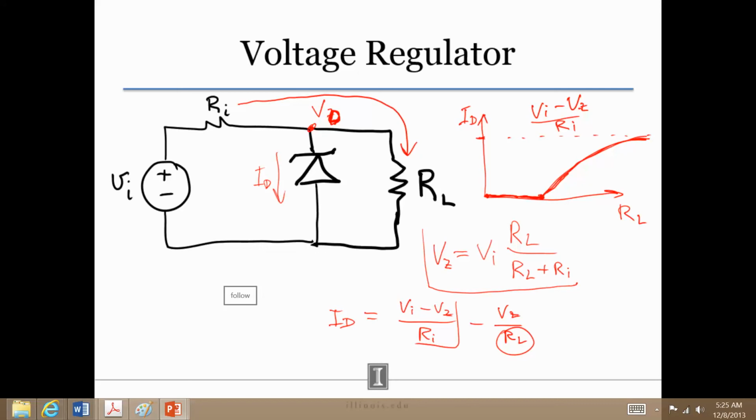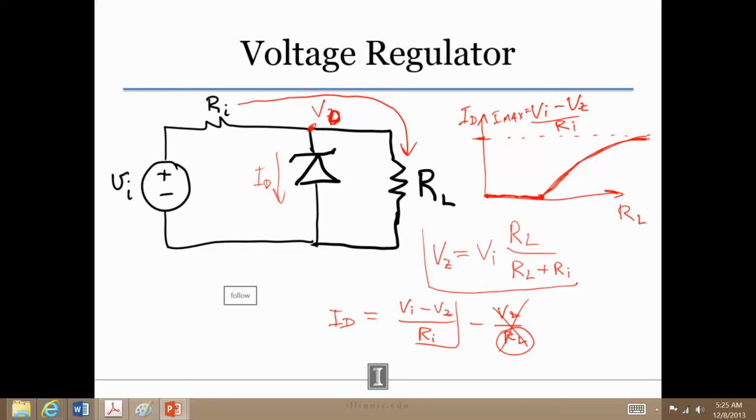Okay? And that's going to be when RL is very, very large. This term will fall away. All right? So we can think of this value, this I max, through the diode as some sort of a current reserve.